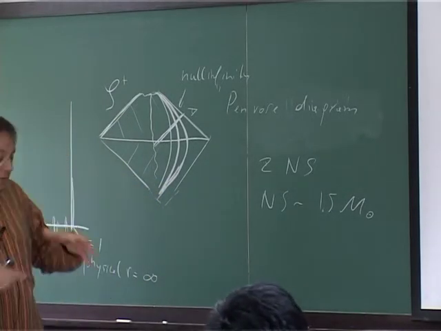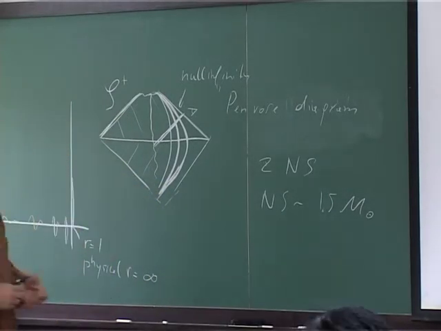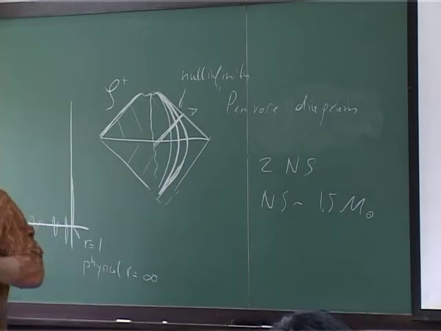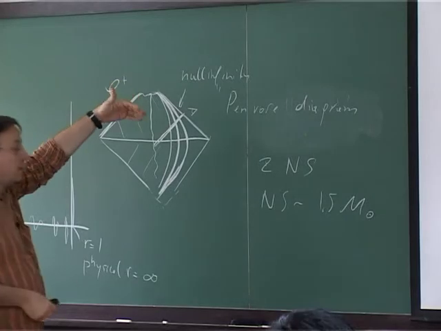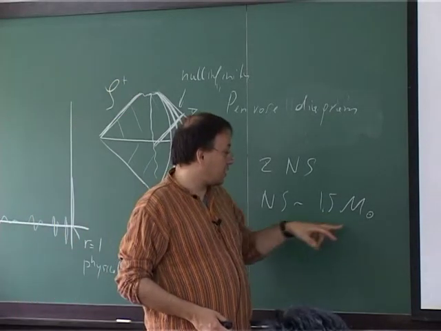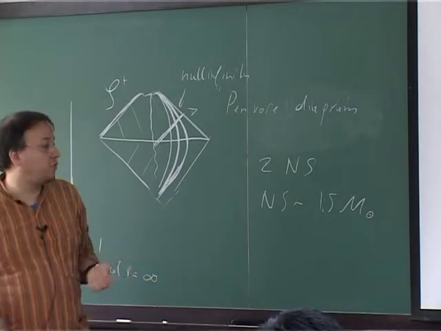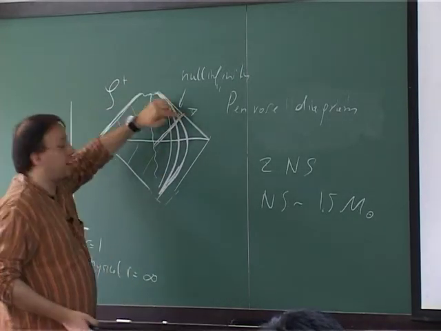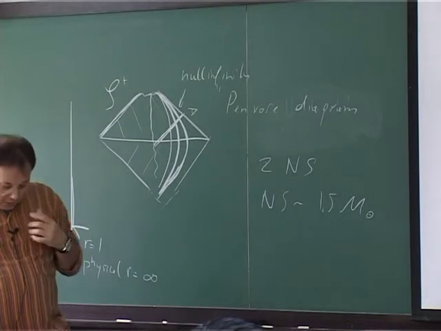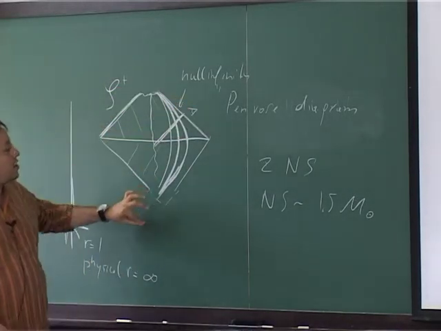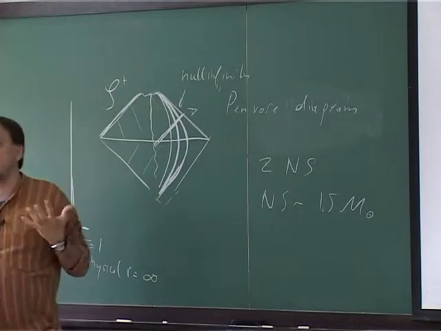That's the basic scale of the source. And then we observe this at dozens or maybe hundreds of megaparsecs away. You can convert megaparsecs to kilometers, and you see that for all practical purposes, we really observe things at infinity.